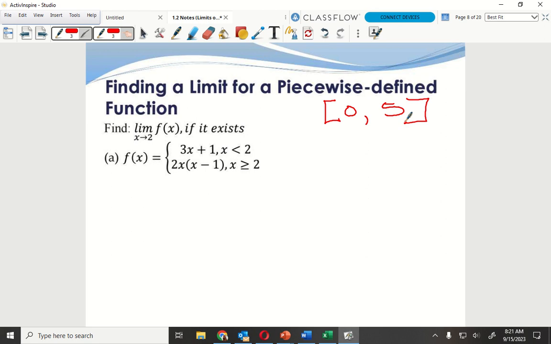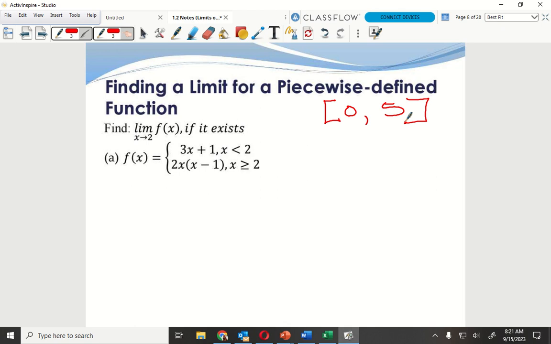So we check endpoints. That would be your first thing that you would do. It's almost like that's so important, you might want to write that down. You would have to check the endpoints if you are given an interval. If it is not continuous over that interval, then I might have some issues. And that's what you have to start checking for, especially for continuity here.